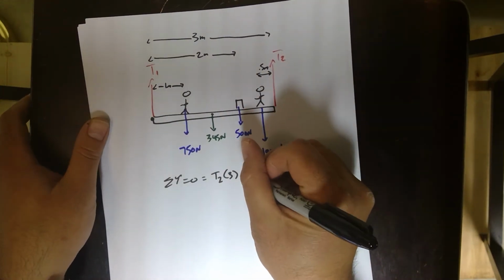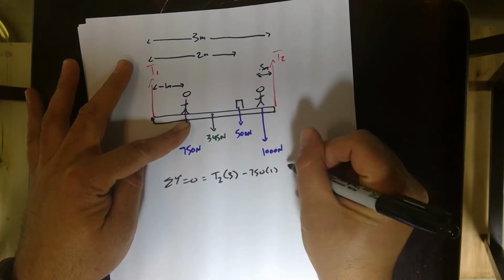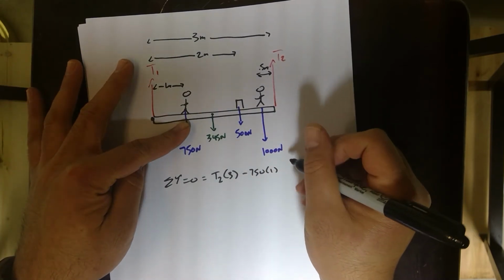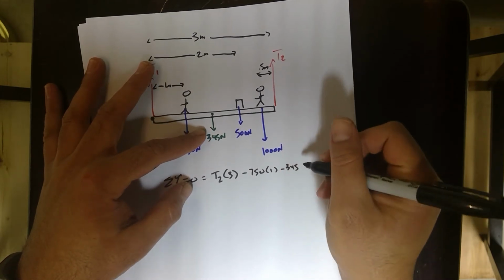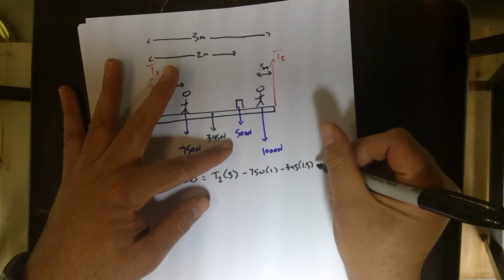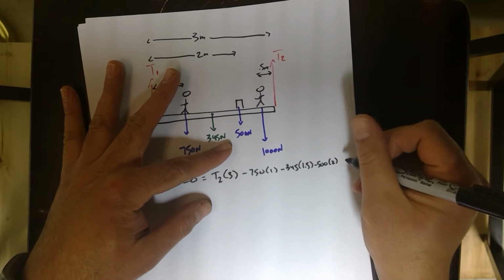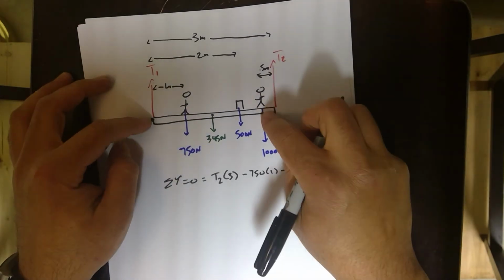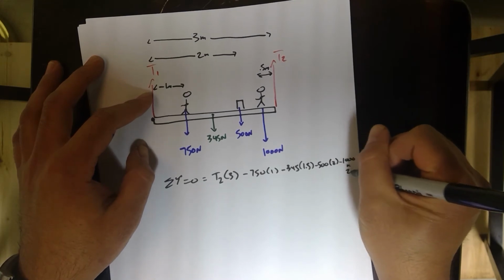So we have the force of gravity here, which is 1 away, so 750 times 1. You've got the force of gravity here, 345, that's halfway across the scaffolding, 1.5. We've got 500 newtons at 2. And then we've got 1,000 at 2.5 away. Run out of space here, times 2.5 down there.